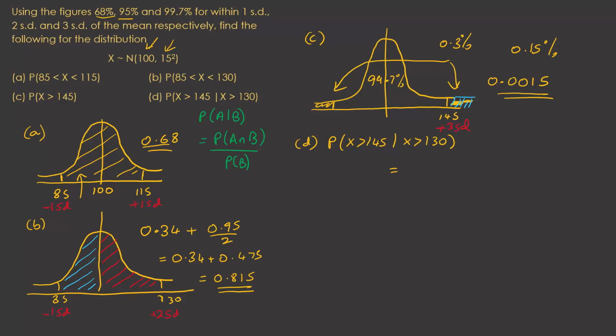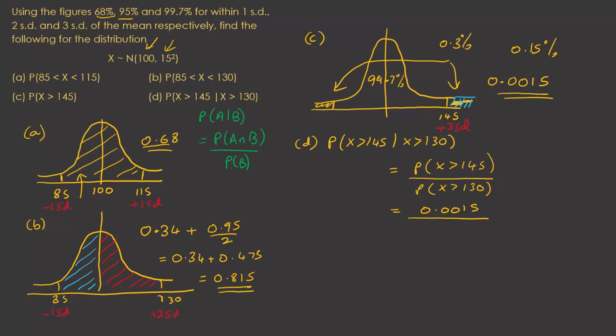Well, if it's greater than 145 and greater than 130, both of them is when it's greater than 145. And greater than 130 would be on the bottom. Greater than 145, we've just done. It's 0.0015.